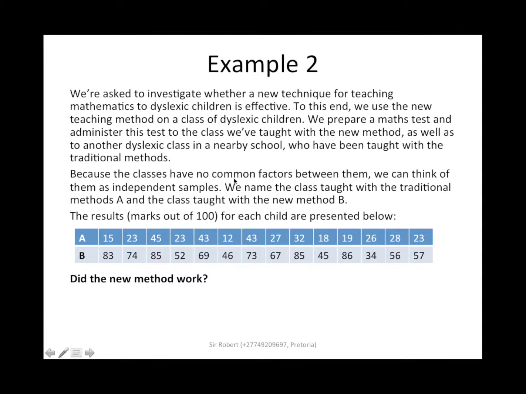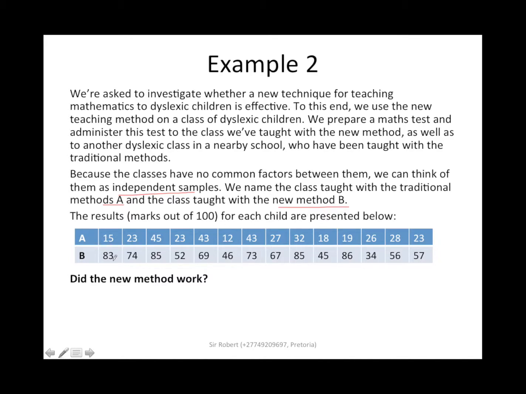Because the classes have no common factors between them, we can think of them as independent samples. We name the class taught with the traditional method A and the class taught with the new method B. The results are marks out of 100 for each child, presented below.